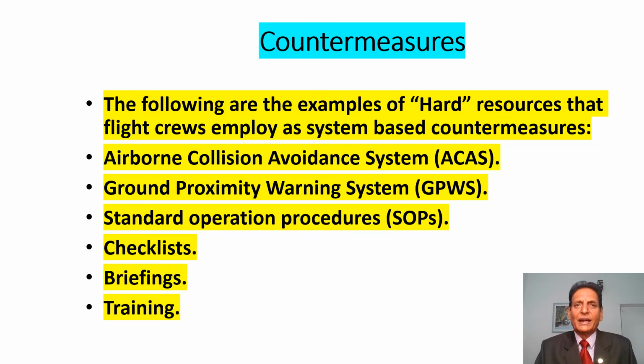The following are the examples of hard resources that flight crews employ as system-based countermeasures: airborne collision avoidance system, ground proximity warning system, standard operating procedures, checklists, briefings, training.